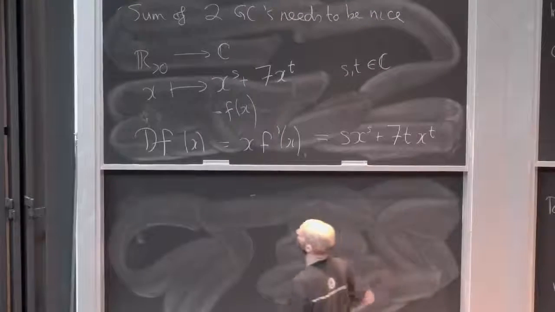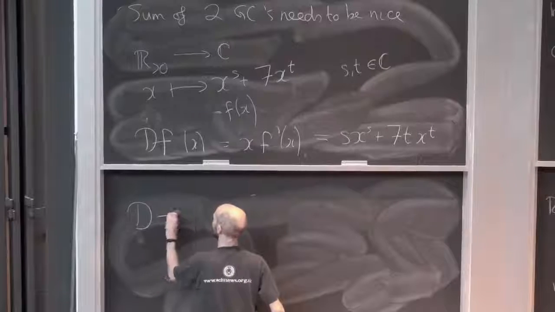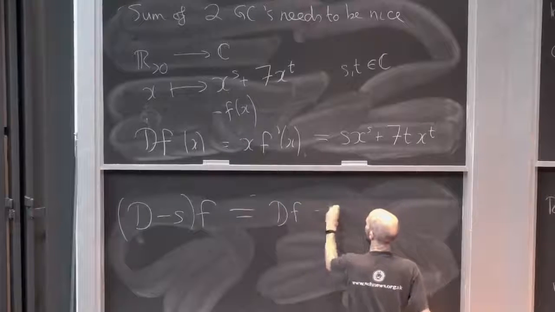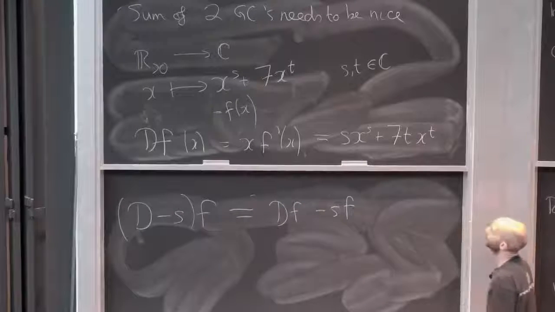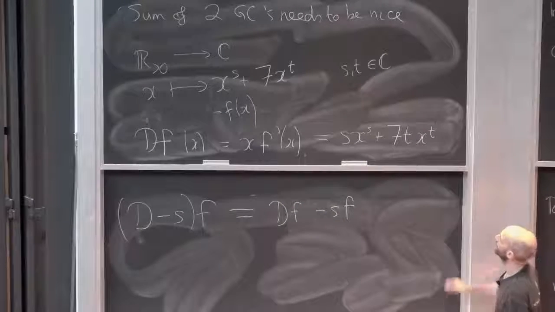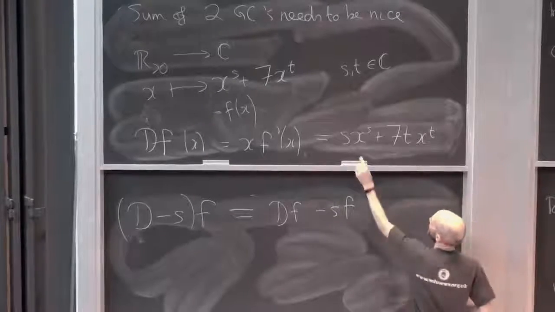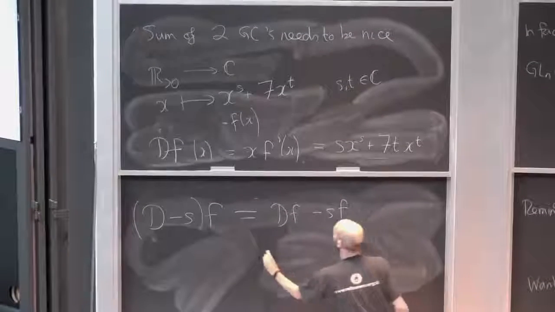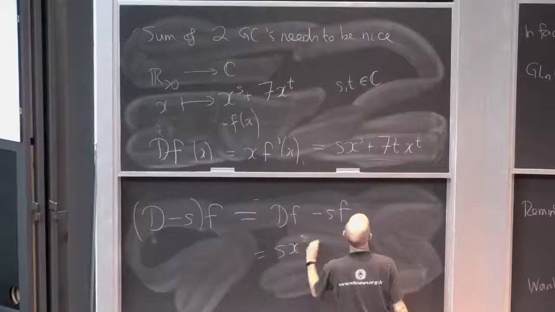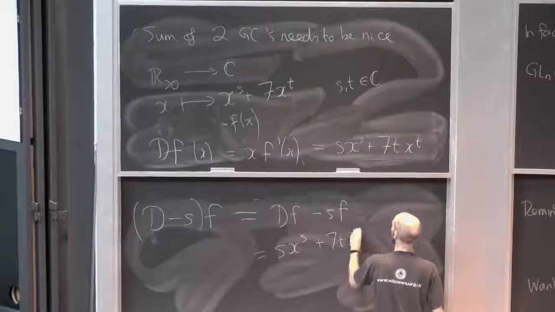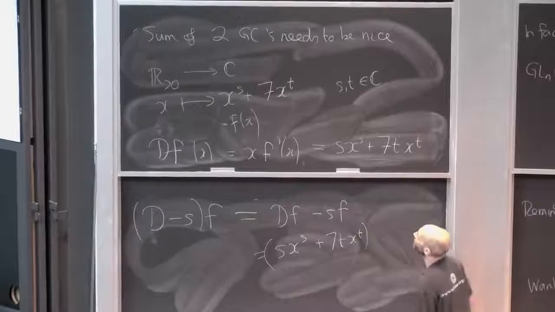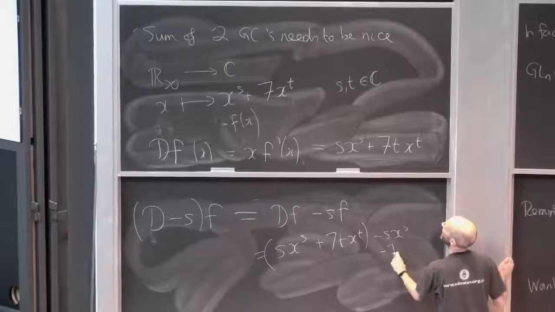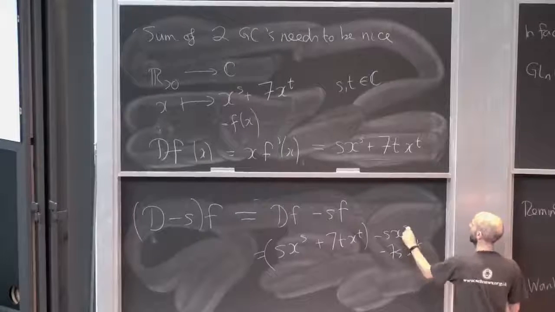So in fact, let's look at D minus s of f. By definition, that means Df minus s times f. So there's Df, and there's f. So s times f, so it equals s times x to the s plus 7t x to the t, that's Df, minus s times x to the s minus 7s times x to the t.